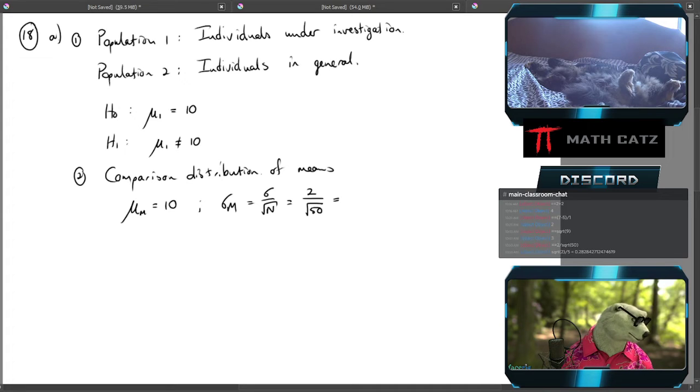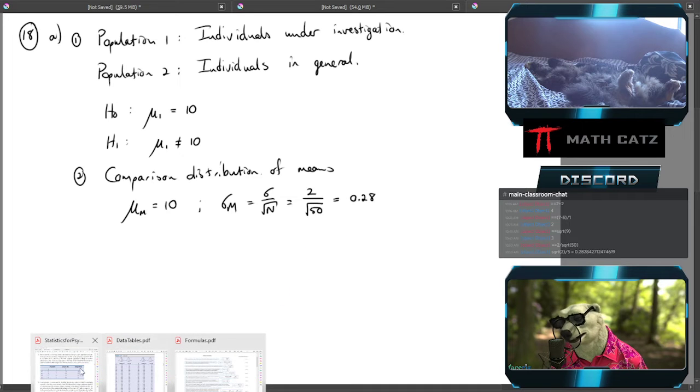Of course, you can use your own calculator. We get there. What do we get? 0.28 if I round it. All right, so this is our comparison distribution.